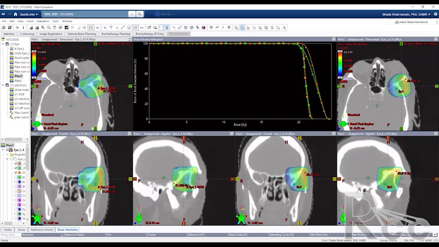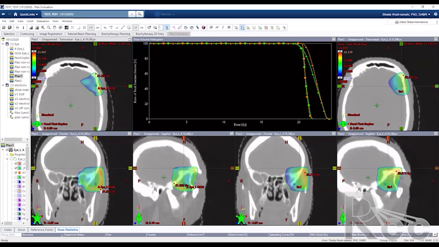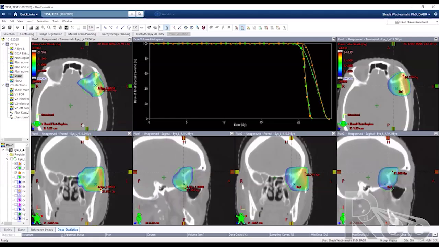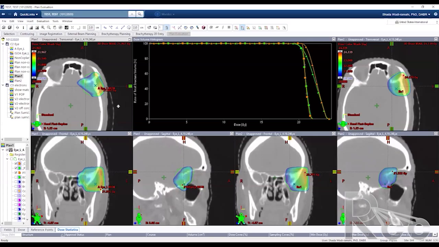All right. So starting from here, going upwards, what I want to draw your attention to is what our friend mentioned: yes, the coverage looks equal on the dose volume histogram. Remember, this is like a single point analysis. But look at plan 1 over here. There is consistent underdosing in the same area.